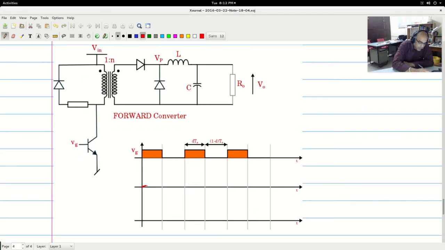The magnetizing current in the primary we saw was like this. It had a linear part, exponential decay, linear part, exponential decay, and so on. So this is IM, the magnetizing part. Now we saw the portion of the inductor current flowing through here, which had a waveform like this.